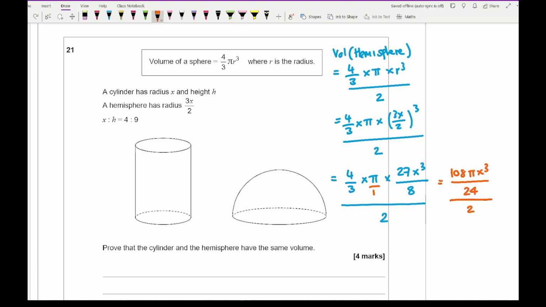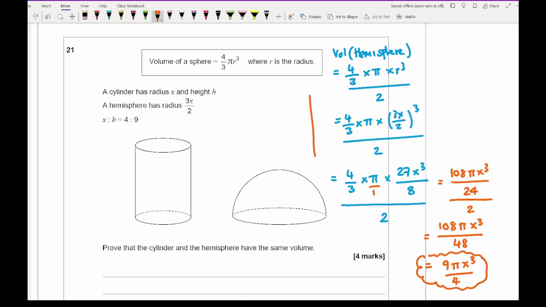Now I can move that 24 over, so it becomes 108 pi x cubed over 48, and then I can simplify the numbers, so it becomes 9 pi x cubed over 4. So that there is the volume of the hemisphere. So we just put a little bubble around that.